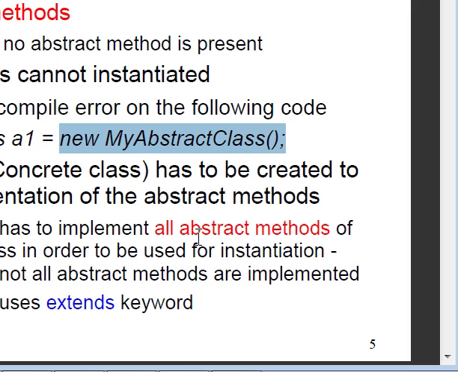You have to implement them all. Now, the way you create a concrete class from your abstract class is that your concrete class will extend your abstract class. And you will see an example of that in the following slide.